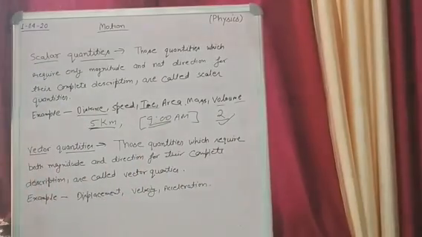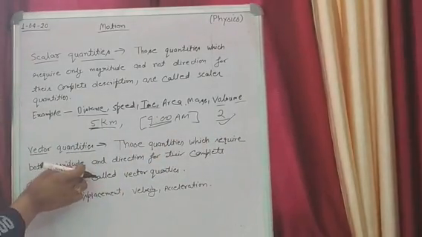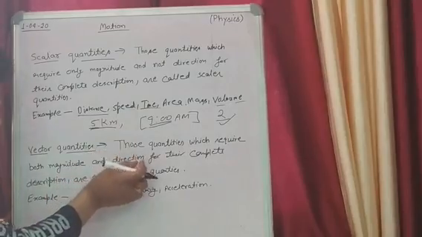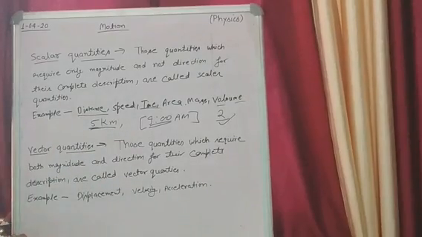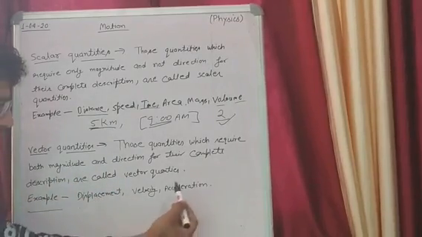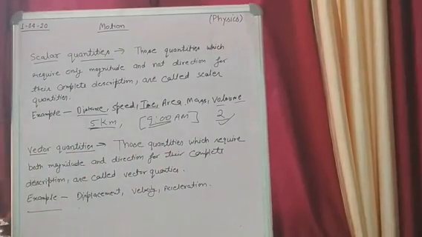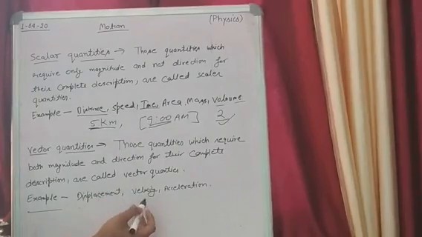And what are vector quantities? Vector quantities are those quantities which require magnitude as well as direction for complete description. Such types of quantities are called vector quantities. Let me give you an example: displacement, velocity, acceleration. Briefly, I explain about displacement, velocity and acceleration.